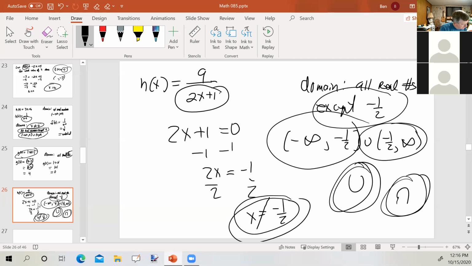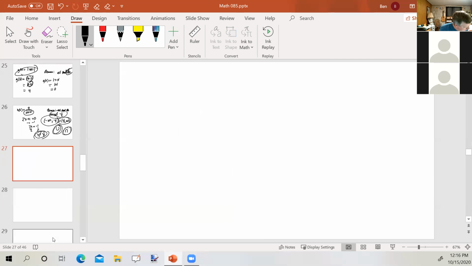Let's see here. One more. h of x equals x cubed. What's the domain? There would be none since there's no denominator, right?